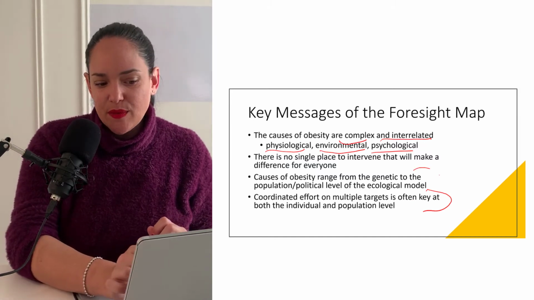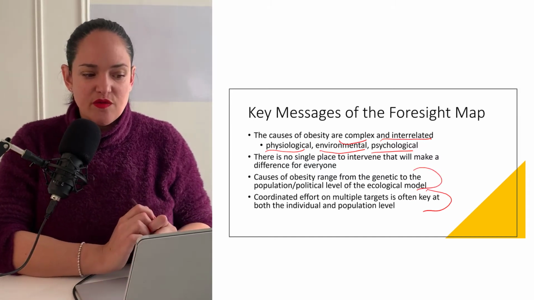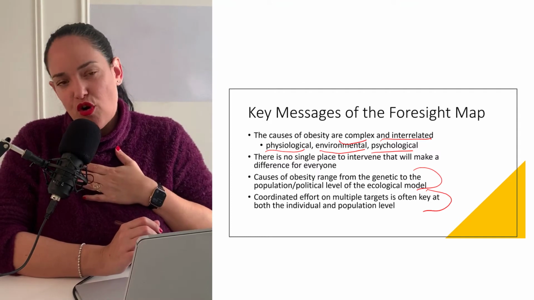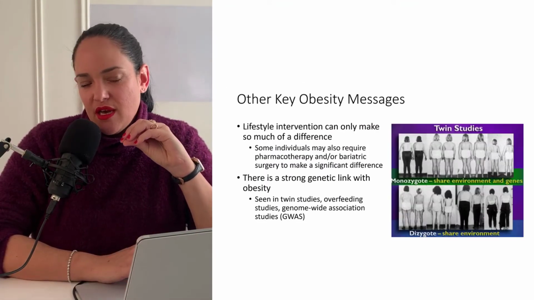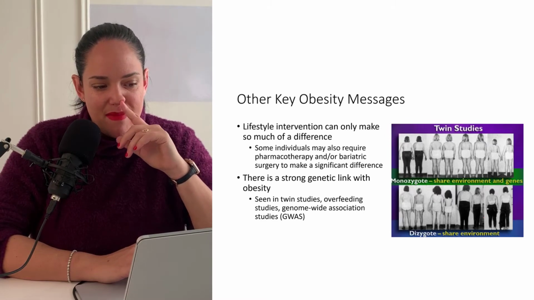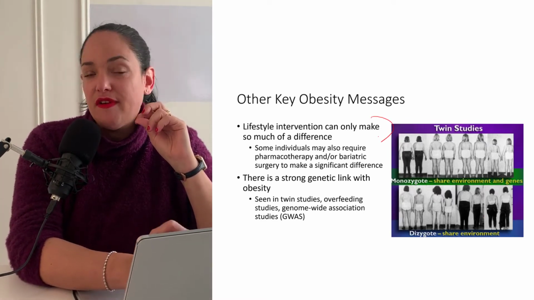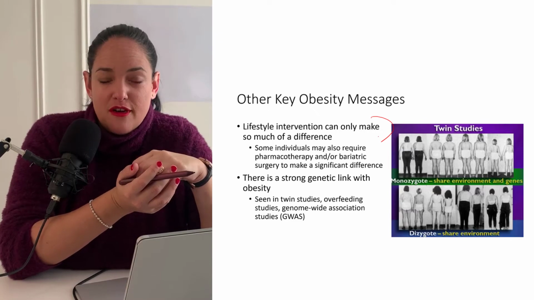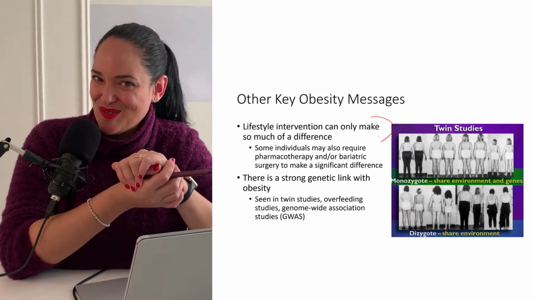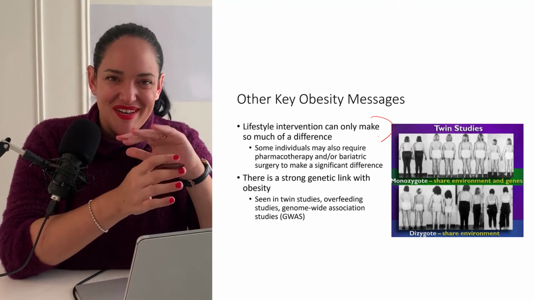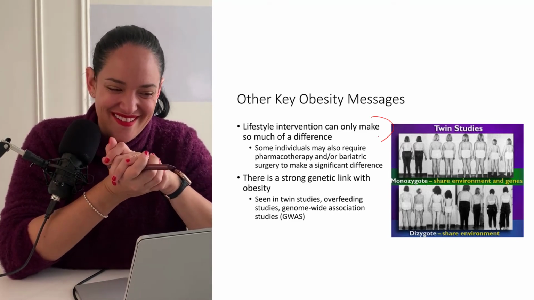Okay? And like we keep saying, the causes of obesity range from these proximal levels to more distal levels. A couple other key messages of the Foresight Map is that lifestyle intervention can make a difference. Yeah, sure. Okay. However, I really recommend not telling people to just eat less and exercise more, because that kind of advice doesn't get us anywhere.